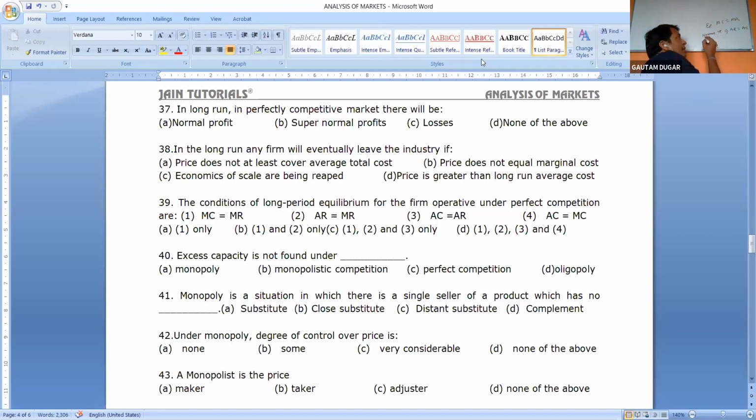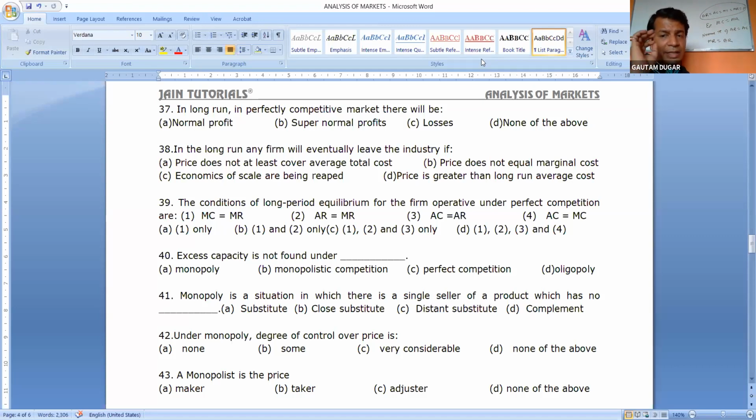Again, in perfect competition, we know MR is always equal to AR. So in the long run, at the point of equilibrium, if you go through these three things, you'll find that AR equals AC equals MC equals MR equals price.